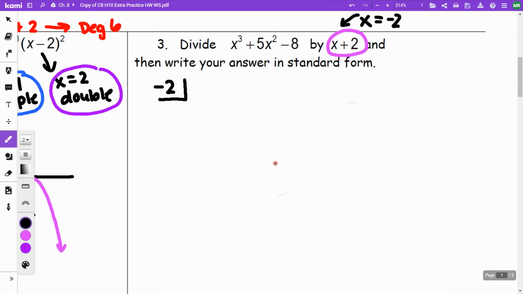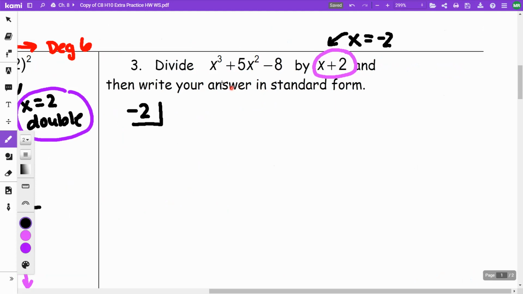Then I am going to write my coefficients, but pay attention, there is no x term. So this is an x cubed plus 5x squared plus 0x minus 8. So I'm going to write 1, 5, 0. Don't forget that 0 because we don't have an x, -8.